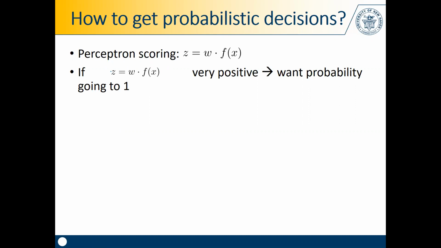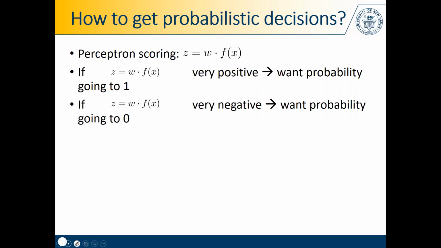Like if the value of z is, let's say, 12 or 20, we want the probability assigned to this class being positive to be closer to 1. Remember, probabilities are between 0 and 1. If it's very negative, we want the probability of this sample belonging to the positive class to be closer to 0.